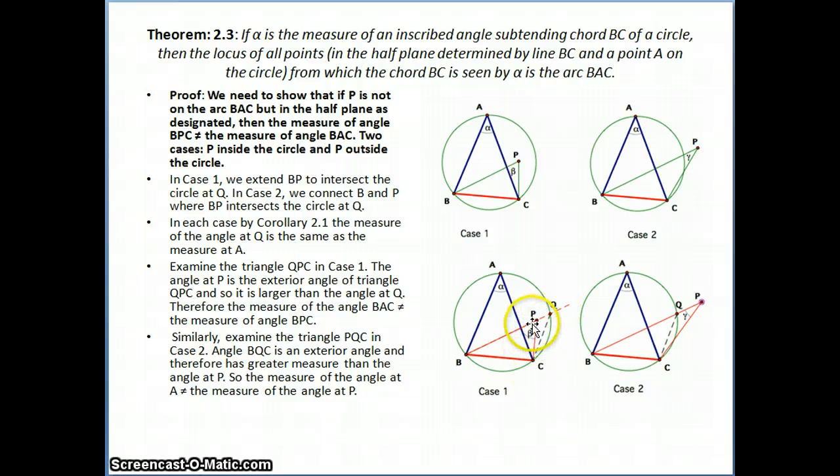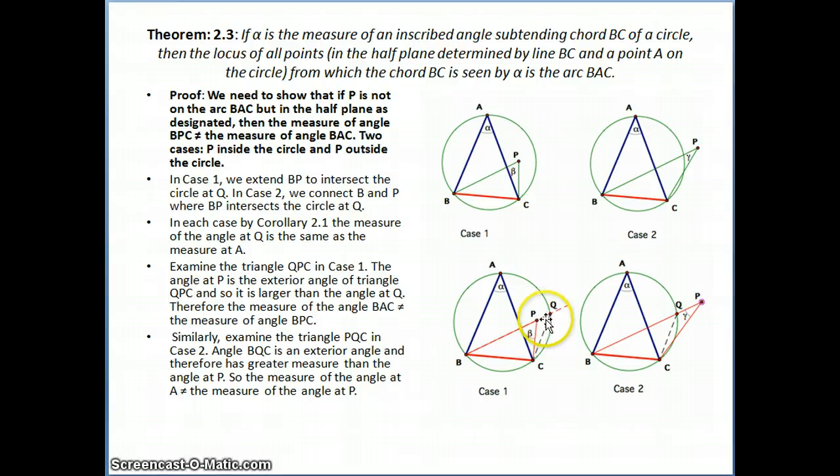In this triangle, the angle at P, beta, BPC, is what we call the exterior angle of this triangle. By one of the theorems we proved before, the exterior angle must be greater than the remote interior angle. So beta must be bigger than the angle Q right here.